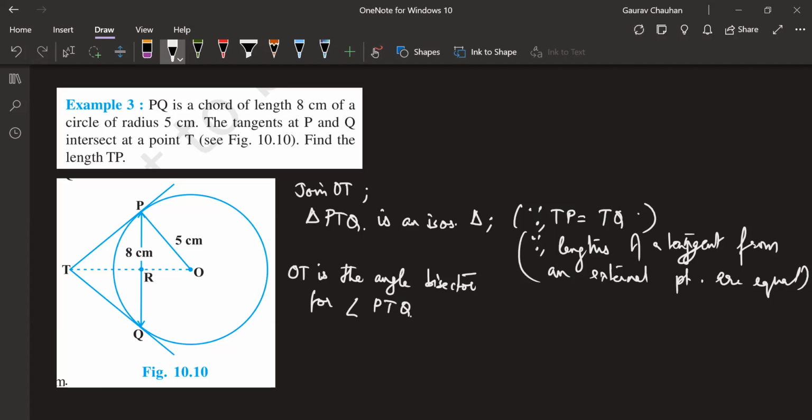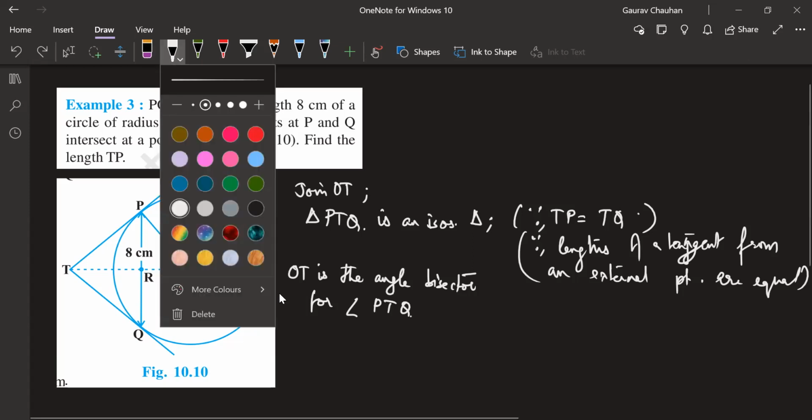The reason is because we have seen this before, that the line joining the center to the external point bisects the angle formed by the two tangents from that point.